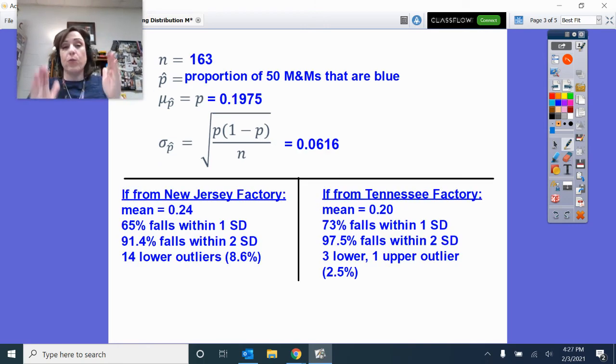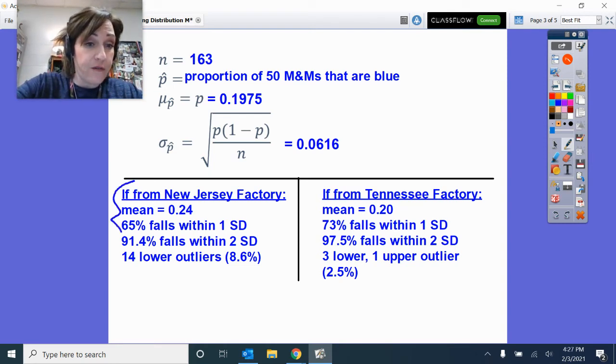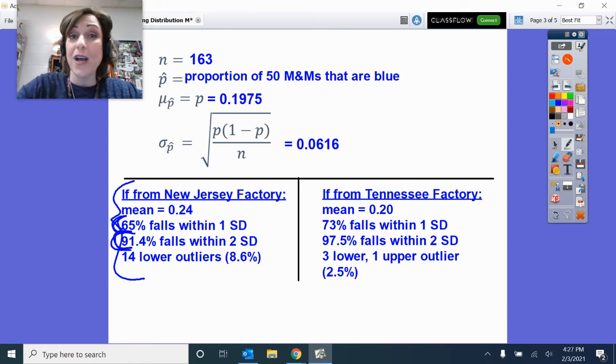You know how within 1 standard deviation, we're supposed to have 68% of our data, and within 2 standard deviations, 95% of our data? Well, here is how it fell. If we had it from New Jersey, 65% was within 1 standard deviation, 91% was within 2. So not quite good enough for the normal model.